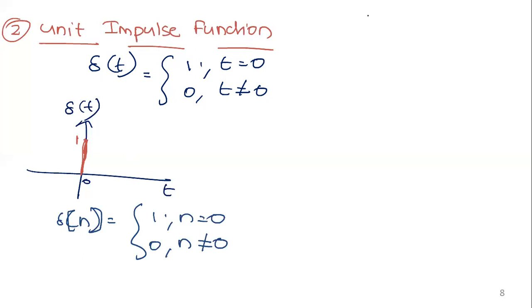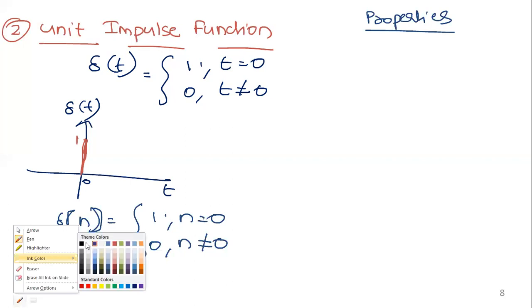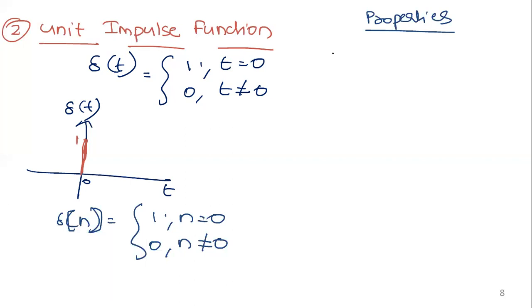And what are the properties? Now we will see some interesting properties of the impulse function. I'm not just explaining the basics; we'll study important points also, so that we need not study them later. It's very easy to understand here itself. The first one: the integral from minus infinity to infinity of delta of t dt is equal to 1. Why is it equal to 1?